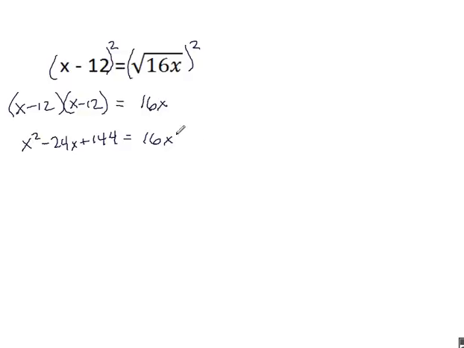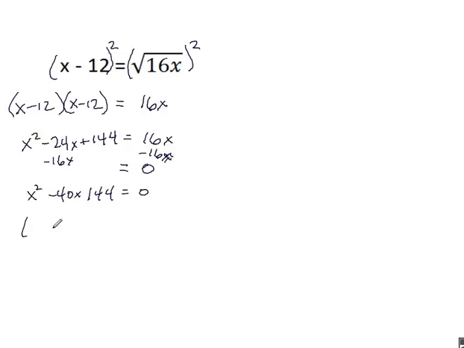Because it's quadratic, we need to get one side equal to 0. If you didn't say that, that's all right. Next time I ask you, the answer is get one side equal to 0. We want to subtract 16x from both sides. Here we get equal to 0, 144. We add these up and we get negative 40x and x squared.